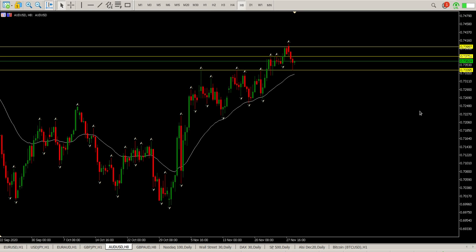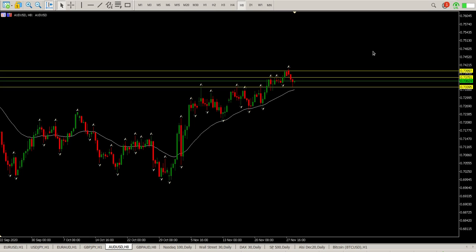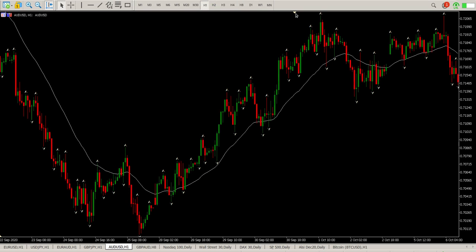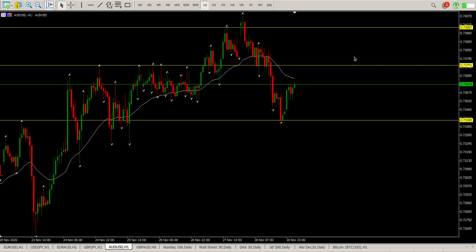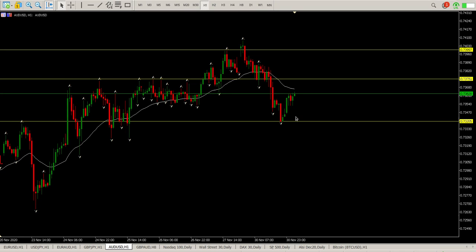Aussie dollar, US dollar. Looking at the 8 hour, we are trending to the upside. A bit of a sharp pullback. We are bouncing off a level potentially, so it's something worth watching. We had a pretty good bounce off this level here, but it could just continue into a range as well, so bear that in mind.